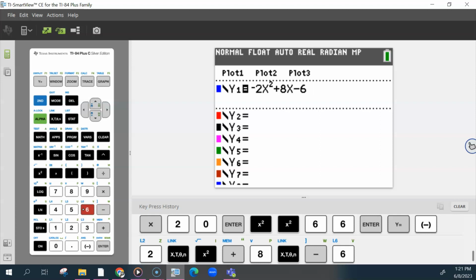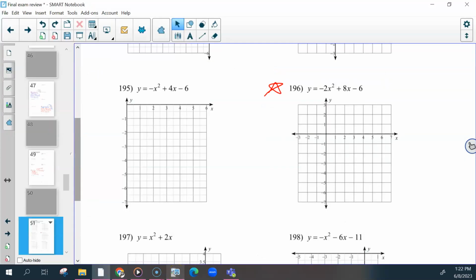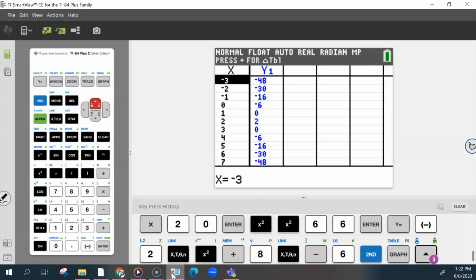Then you're going to go into the table, second graph, and you're looking for where your y values repeat. Here I see them repeating, and find the middle. So 2, 2, plot that point. And then you're going to plot at least 5 points.